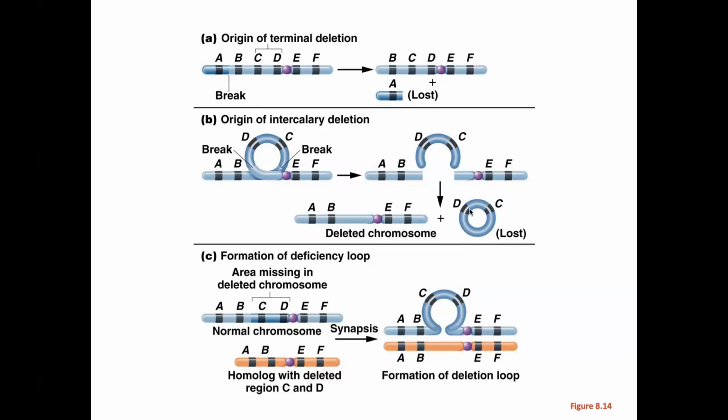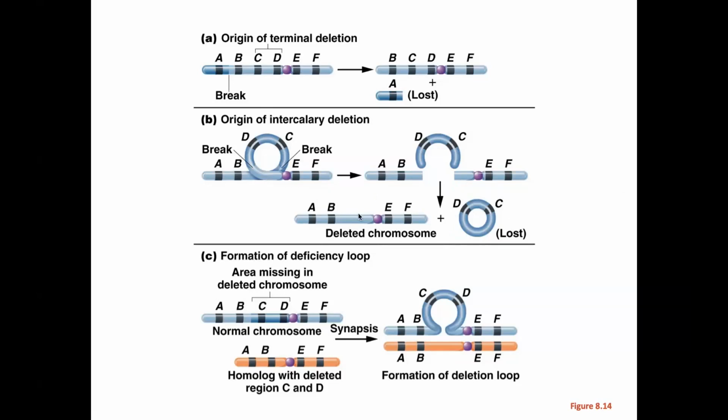If this is occurring mitotically in a somatic cell and the cell tries to divide, what's going to happen to that ring? It's going to be lost because it doesn't have a centromere. It can't segregate properly during a mitotic event. So what you're left with in the daughter cells is this deleted version of the original chromosome.